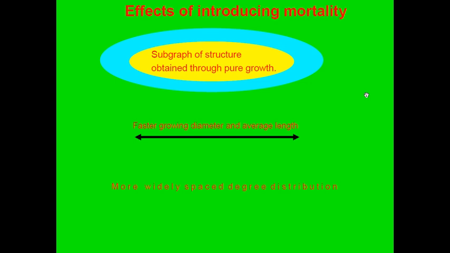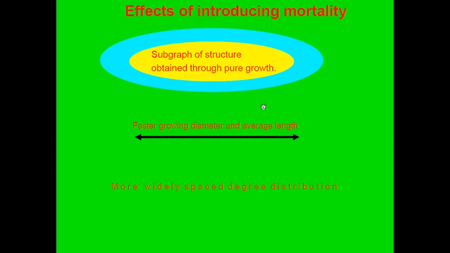reproduction models. And the thing is that here, when we introduce mortality, the important thing is that what we get is just a kind of substructure of what we got in the pure case, because we've pretty much got some of the same things, but some of the vertices aren't there because they or their ancestors have died of old age. And also, the networks we get tend to have a faster growing diameter and average length.